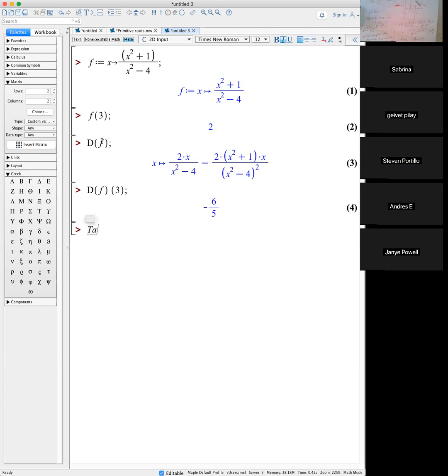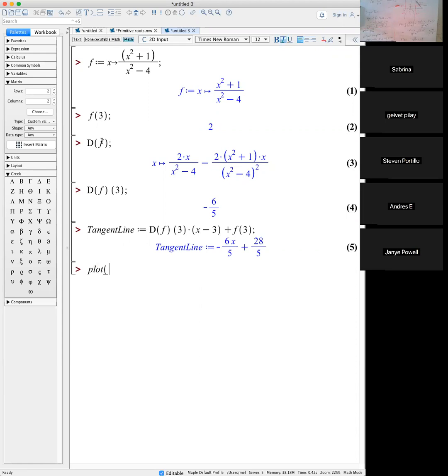So my tangent line, I can call it anything I like, but I'll just call it tangent line today. The tangent line is the derivative of f evaluated at 3 times x minus 3. I'm just using the formula for the tangent line, just to show you that you get the right thing. That's exactly what we got.